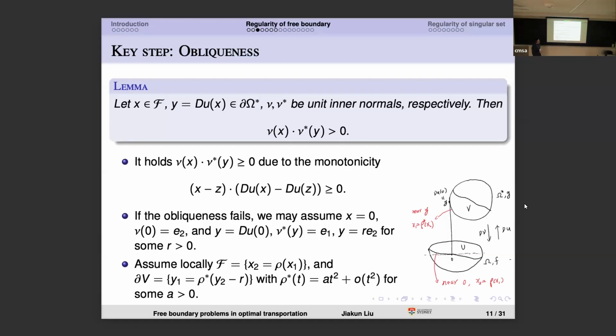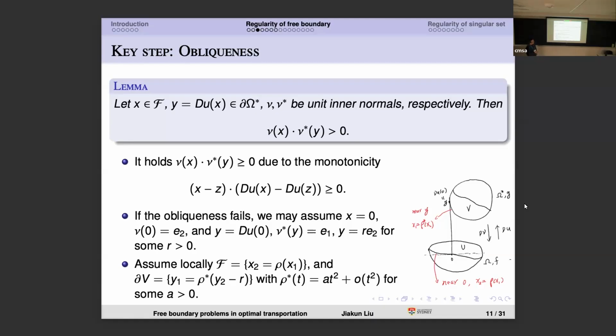Then in dimension 2, the picture will look like this. In this presentation, we assume everything in dimension 2, but the argument works for arbitrary dimension. Dimension 2 is easy to draw a picture. If obliqueness fails at the origin, then by changing coordinates, we can assume the normal direction is vertical, going upward.